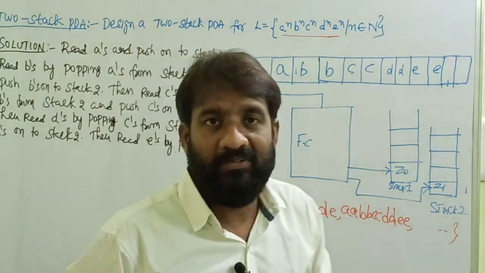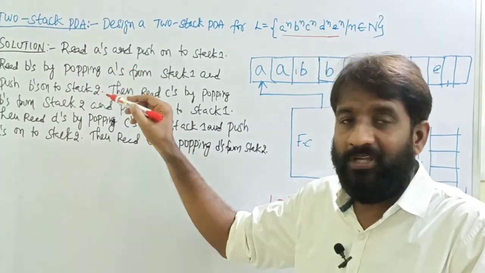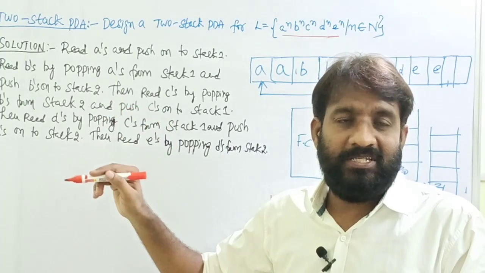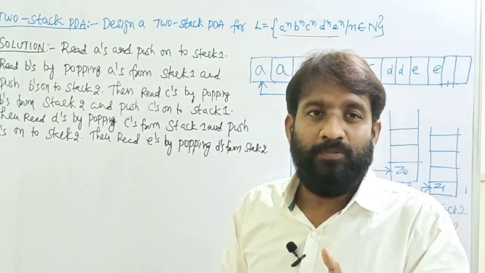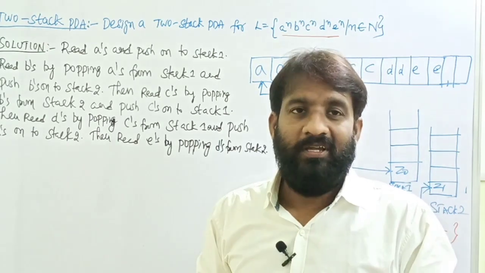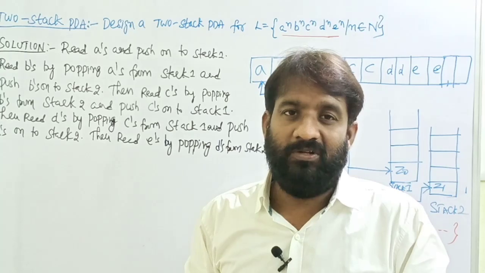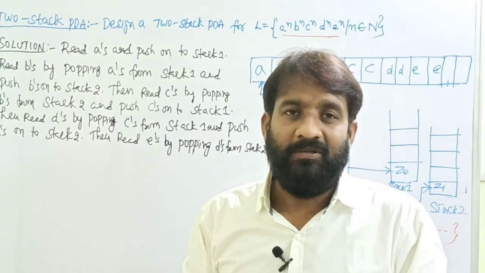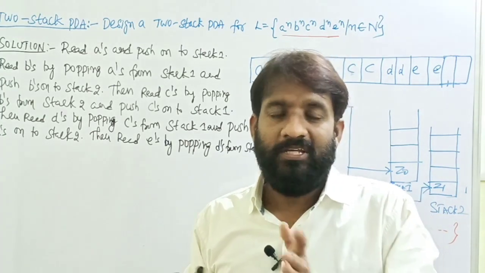I have written the logic. Read A's, push A's onto stack 1. Then read B's by doing a pop operation on stack 1, and push B's onto stack 2. Then read C's by doing a pop operation on stack 2, meaning popping the B's from stack 2, and push C's onto stack 1.